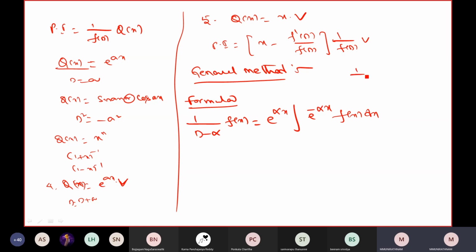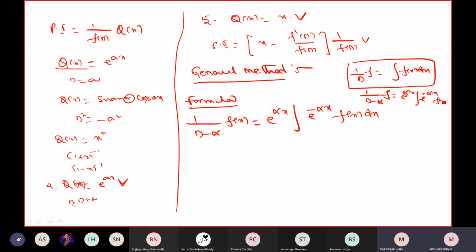We know that 1 by d into f is the integral of f of x; in the same way 1 by d minus alpha works. There is a proof for this, but don't worry about the proof. That is the formula.